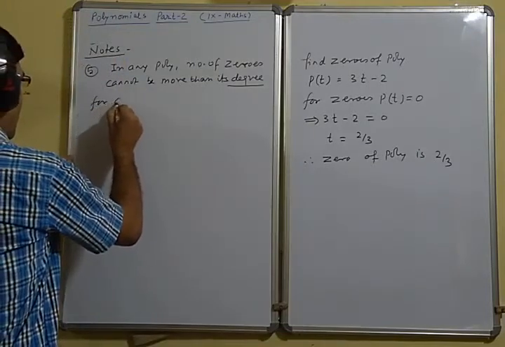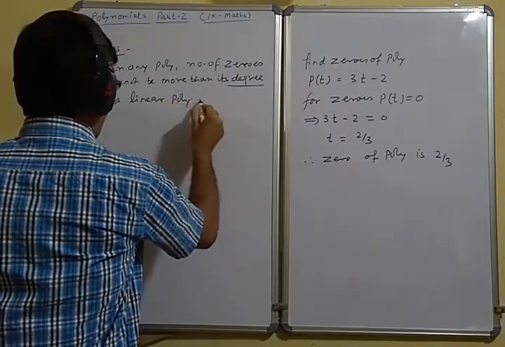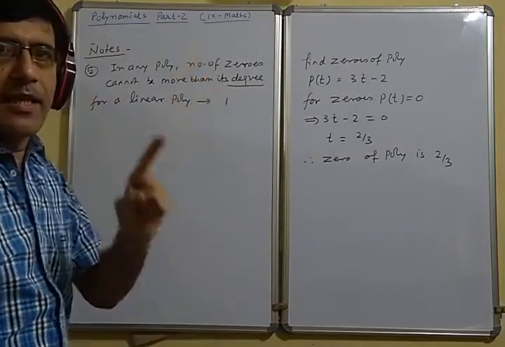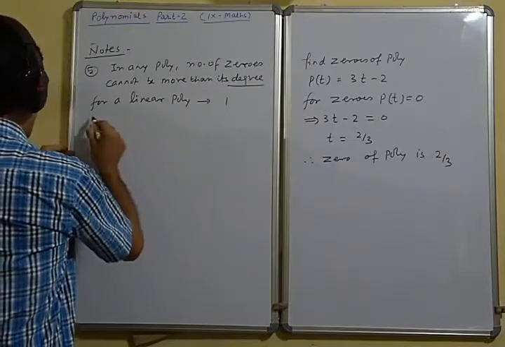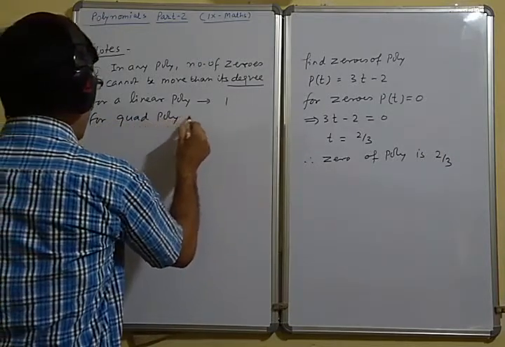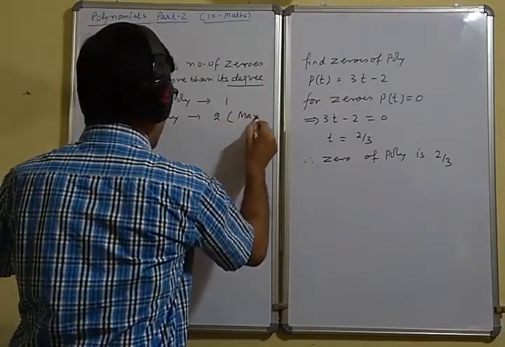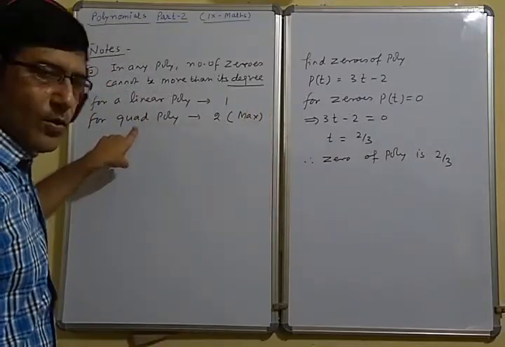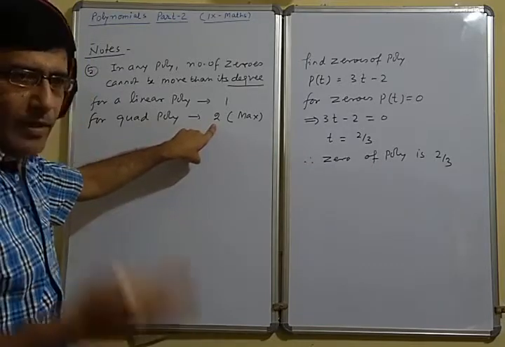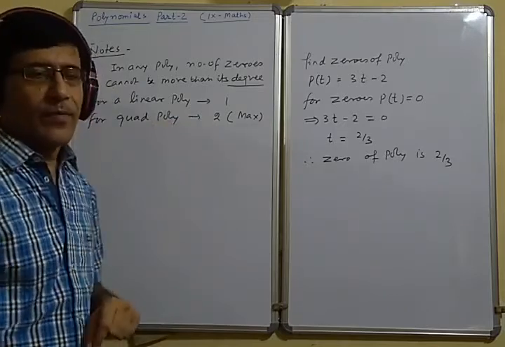For a linear polynomial, we will get exactly 1 0. We have already discussed this point. But for a quadratic polynomial, it has maximum 2 zeros. Its degree is 2, so the number of zeros is maximum 2. It may be 1, it may be 0. This concept we'll learn in class 10.